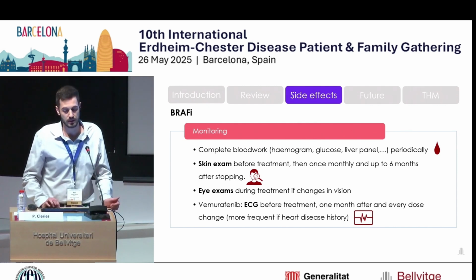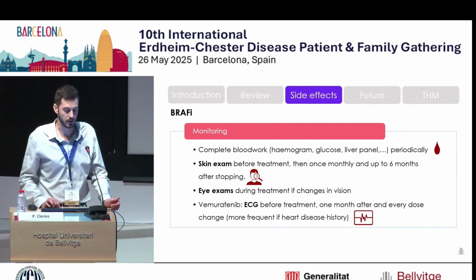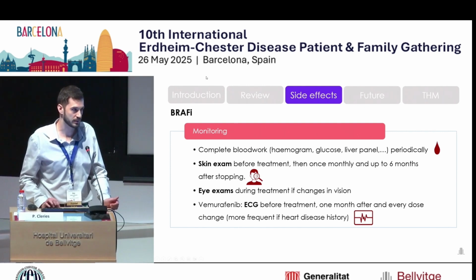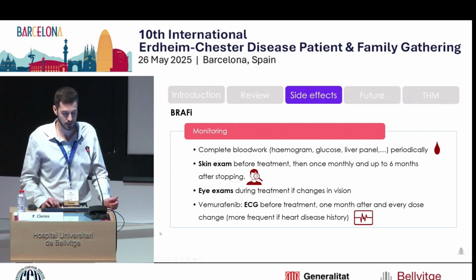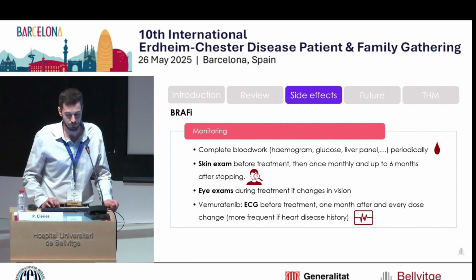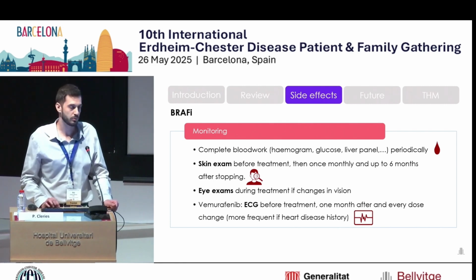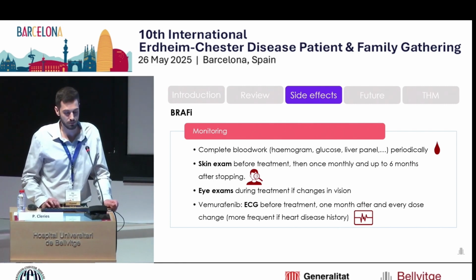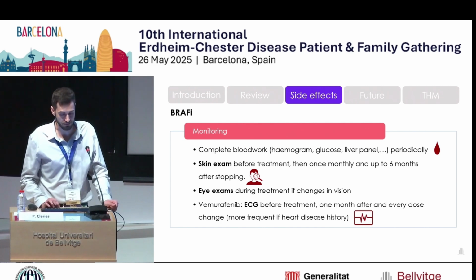If you experience any changes in your sight, please call in for an eye exam just to make sure everything is all right. Specifically for vemurafenib, we need an ECG which monitors the heart function before the treatment for reference, and then every time we change the dose, we should be taking one a month after.